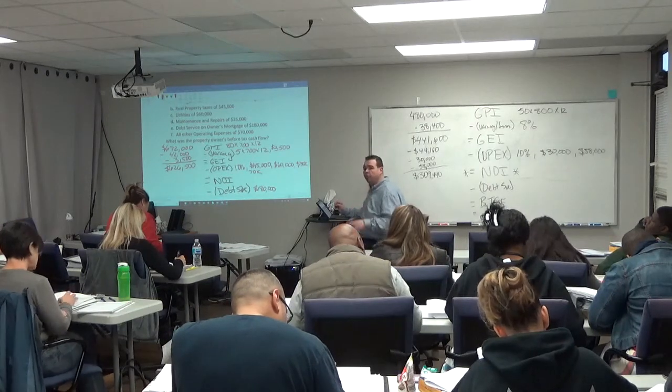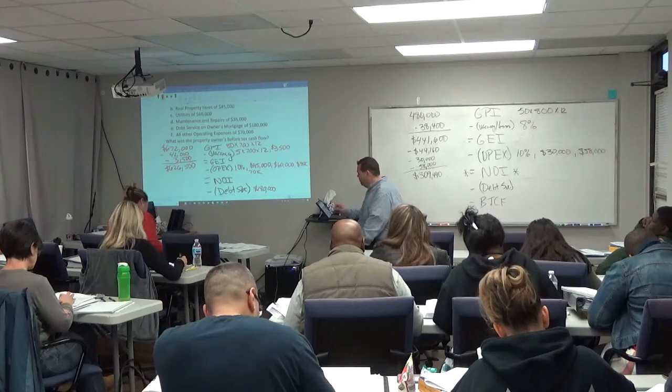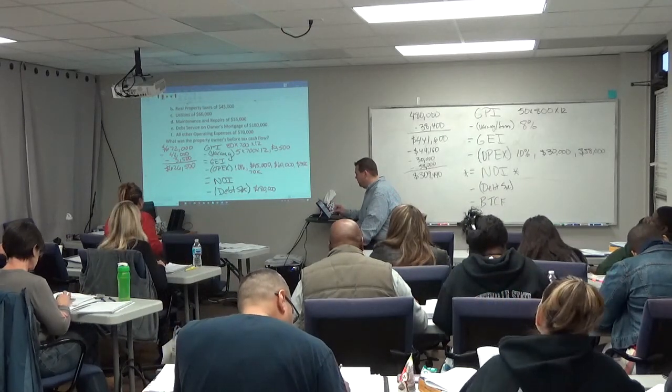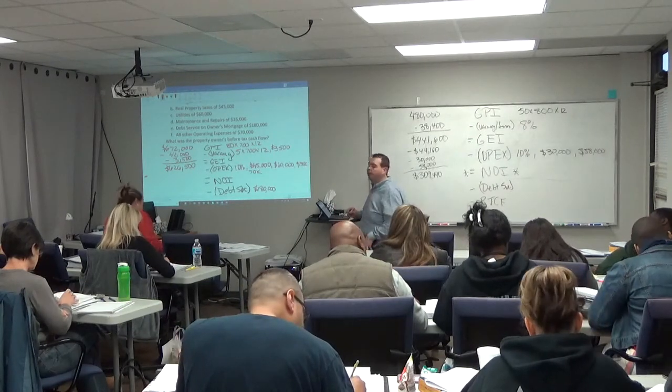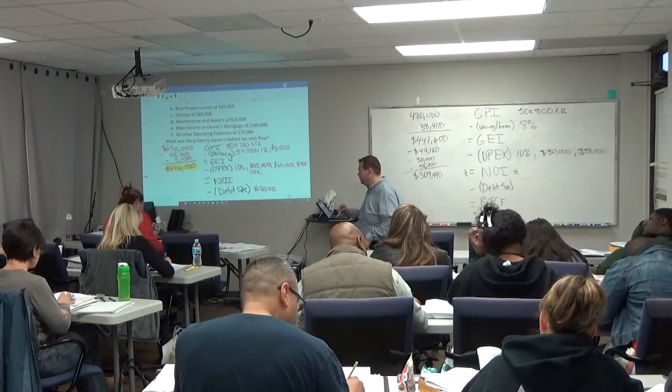Now, what's the next step? Subtracting out what numbers? My operating expenses. All right. I got a long line of them here, so I'm going to go over to the left-hand side. Minus. The first one is going to be that 10% management fee. 10% of what number? 10% of this effective gross income here, right?